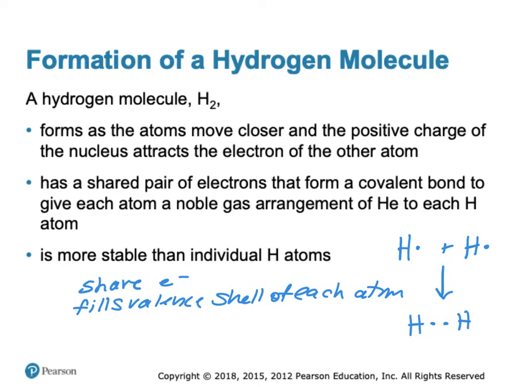And they are going to be shared at a certain distance from each nucleus. Those hydrogen atoms will come as close as possible so that the nuclei don't repel each other, but the electrons remain shared between the two atoms. And in this configuration, you're going to have a stable state and achieve the noble gas configuration of helium.